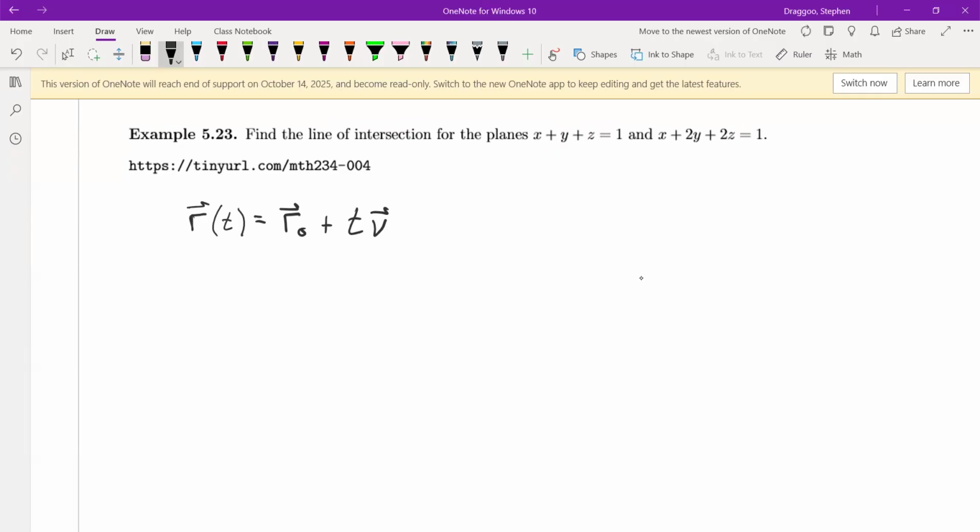Right, so if I needed to come up with the equation of a line, I just need any point that is on that line. And I need a direction vector or a parallel vector for the line. So I'm going to try to come up with those two things.